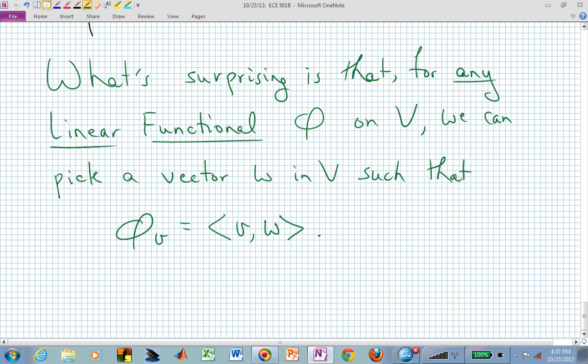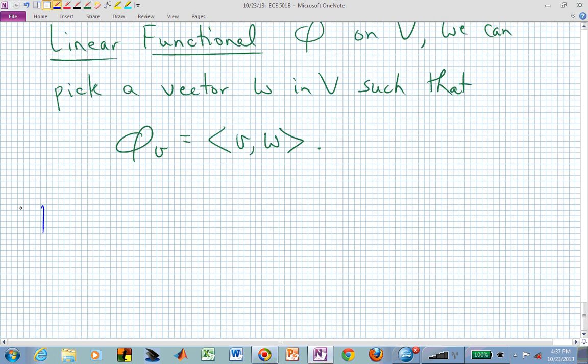And that's actually given to us in this theorem. So here's a theorem, 645.